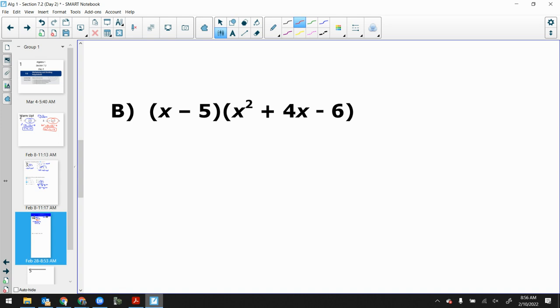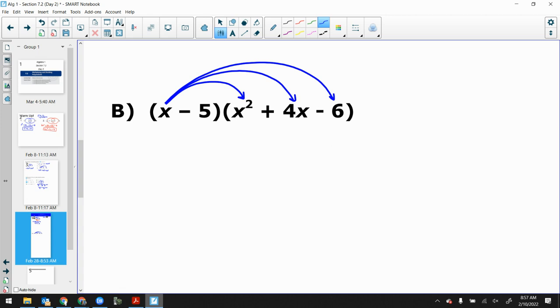No. So the whole FOIL acronym goes out the window anyway, because this is now a binomial times a trinomial, which essentially just means, okay, well then just distribute again. So this is what I have to do. I need to take an x times an x squared, an x times a 4x, and then the x times the negative 6. So let's do that.